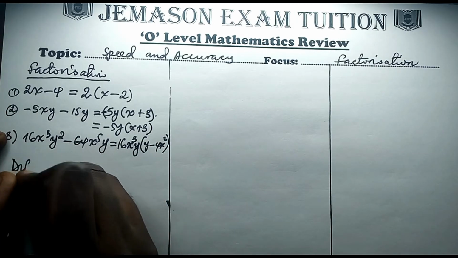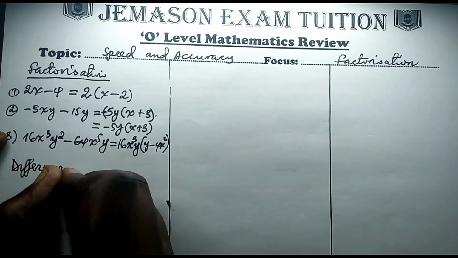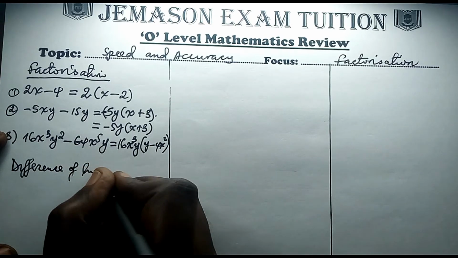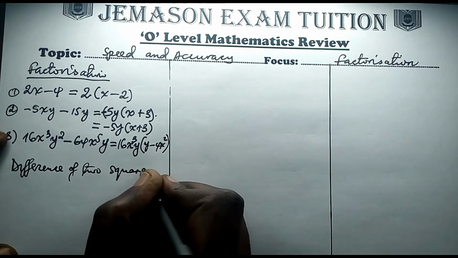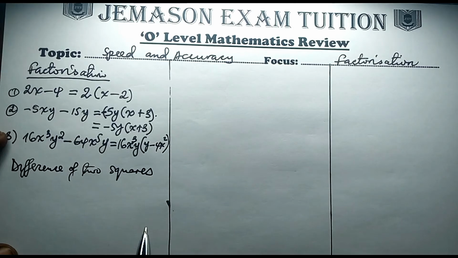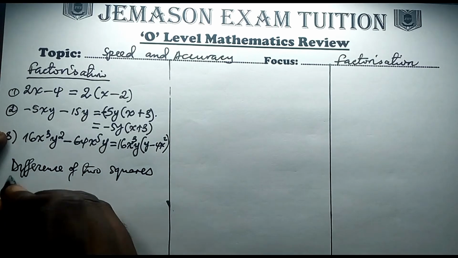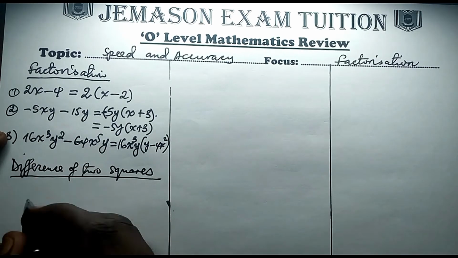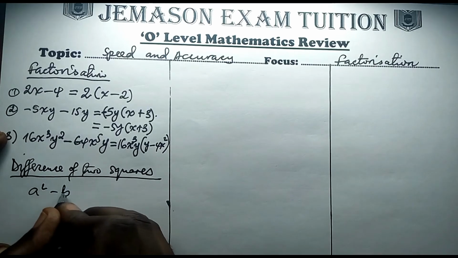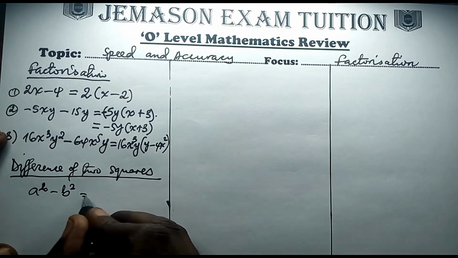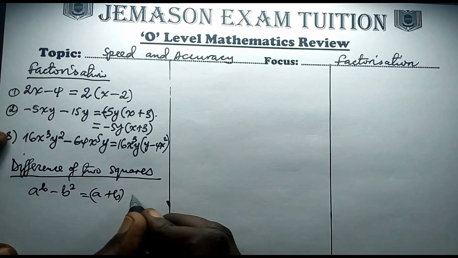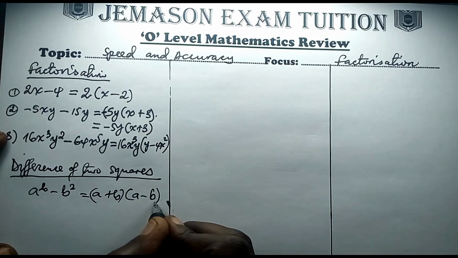We also have factorization of difference of two squares, very frequently appearing when we are solving. A squared minus b squared equals a plus b into a minus b.